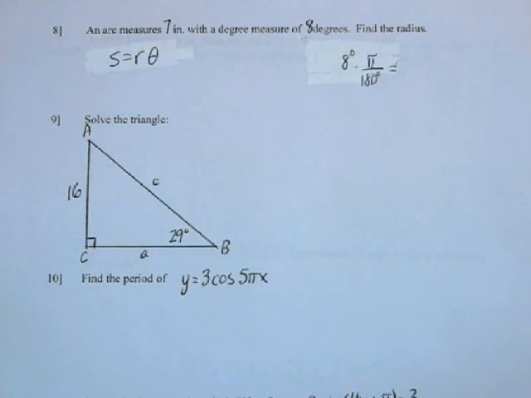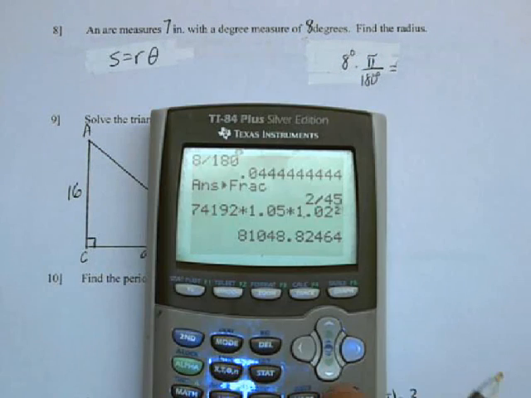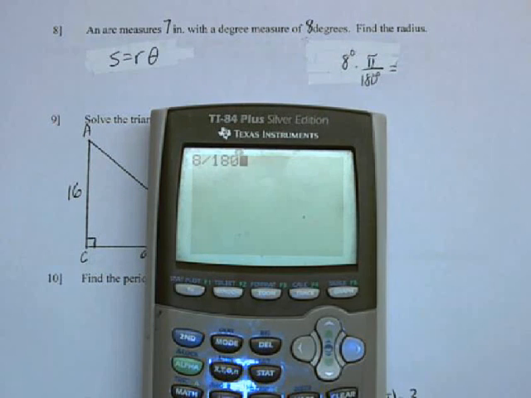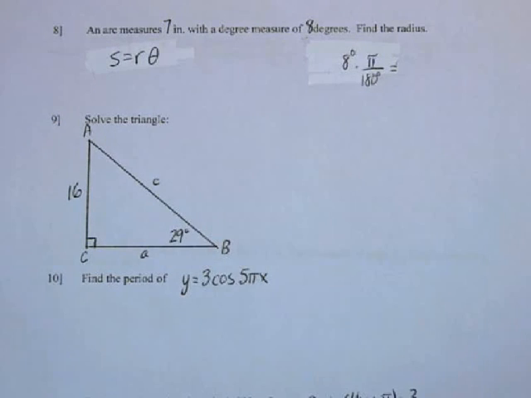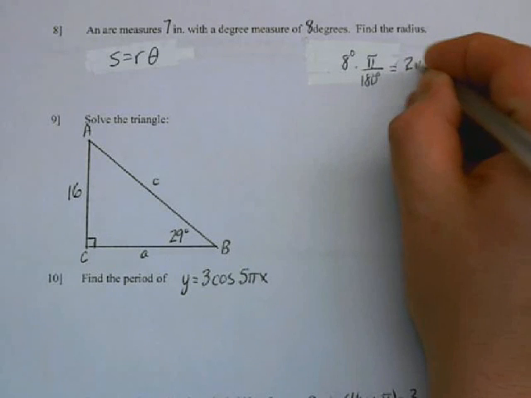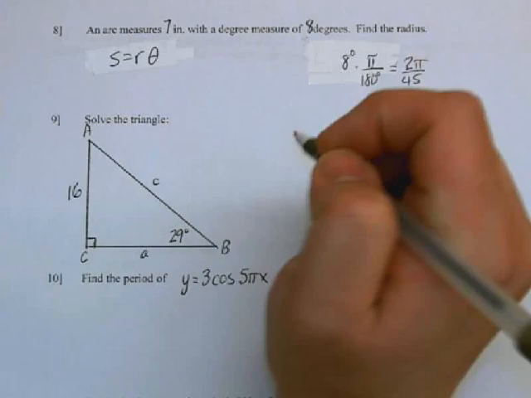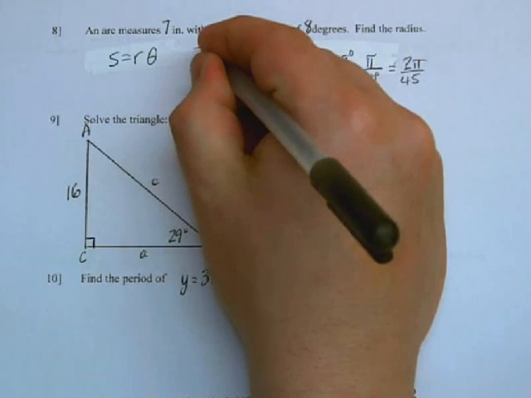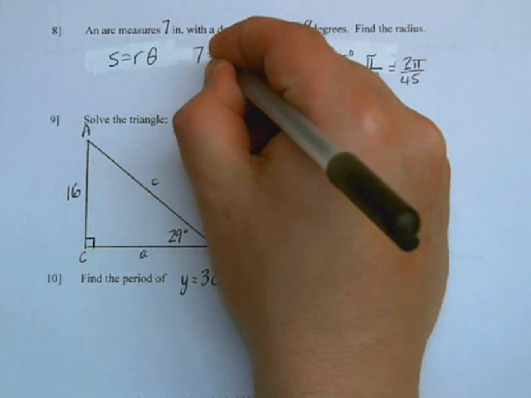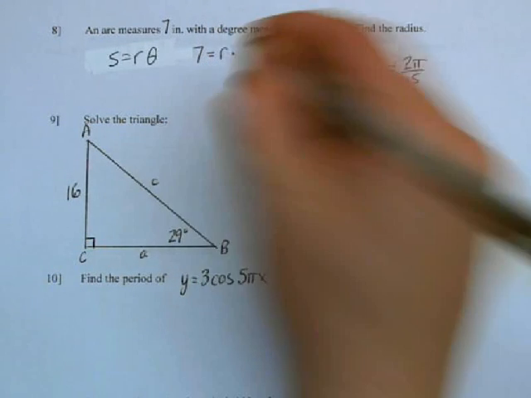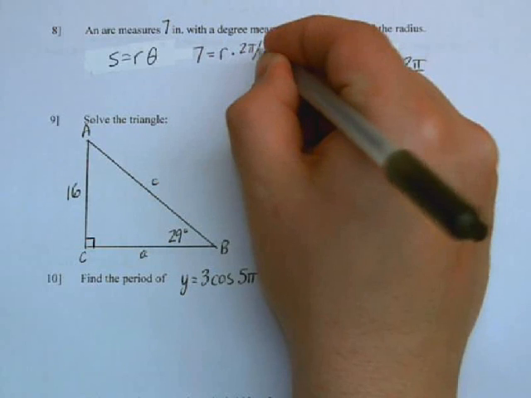Now, if you want the exact answer in radians, you can simplify the fraction, 8 divided by 180, and we get 2/45. So this is equal to 2 pi over 45 radians. So now we can plug this in for theta and solve for r. So 7 equals the radius times 2 pi over 45.